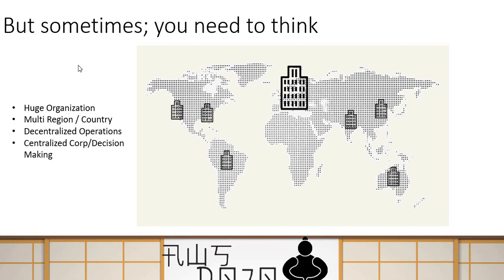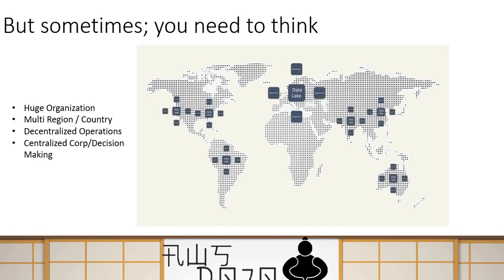So my organization is really widespread, but there is one region, one country, one headquarters, one corp which is bigger, which is central, which is the key decision maker. That means I have to go for a mixed model here.